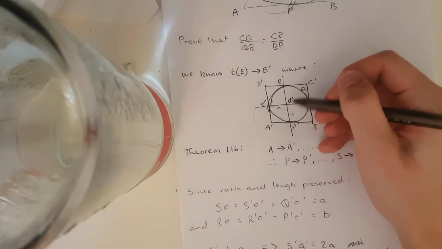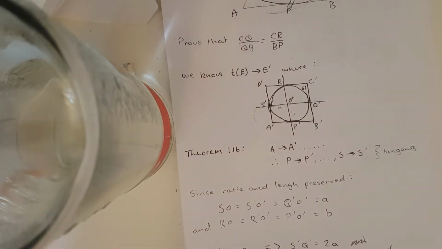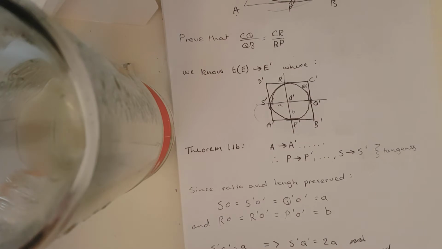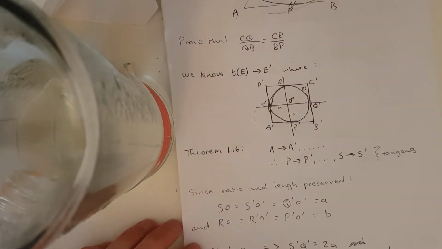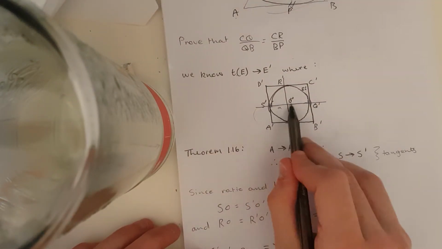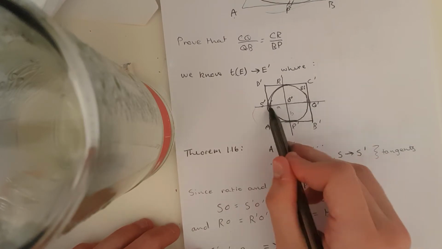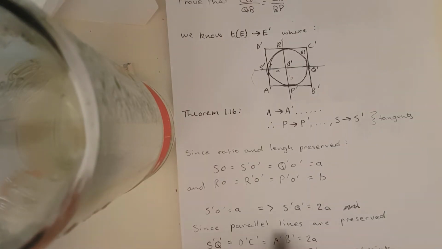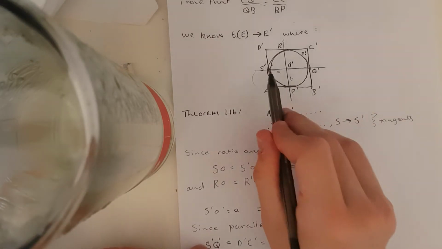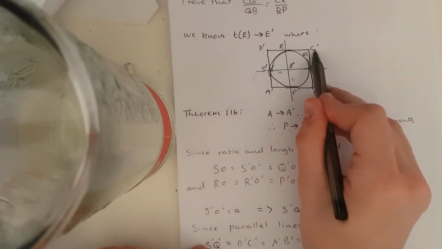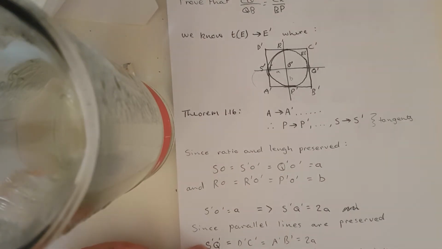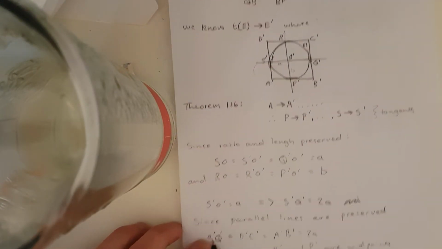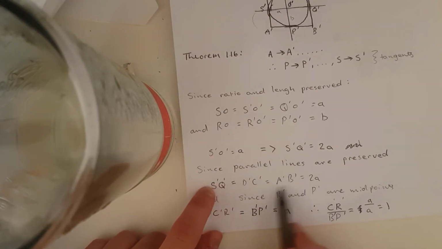Similar for B. B is this. And since this equals A and this equals A, SQ will be 2A, shown here. Since parallel lines are preserved, SQ will be equal to DC or AB, shown here as 2A.